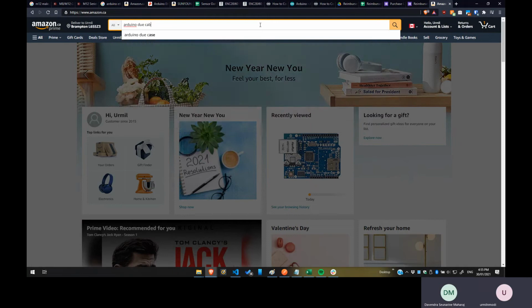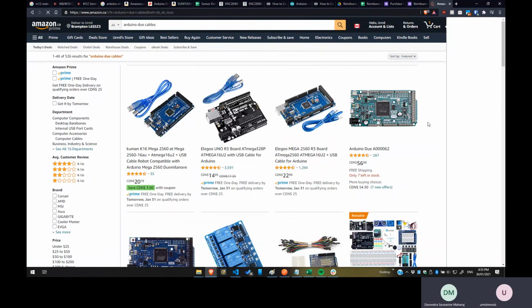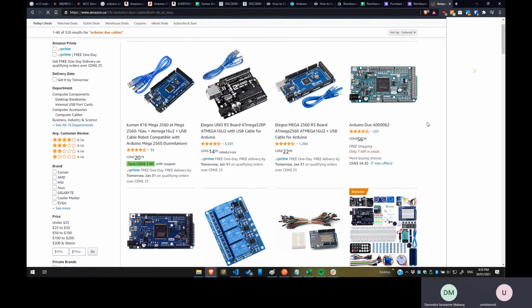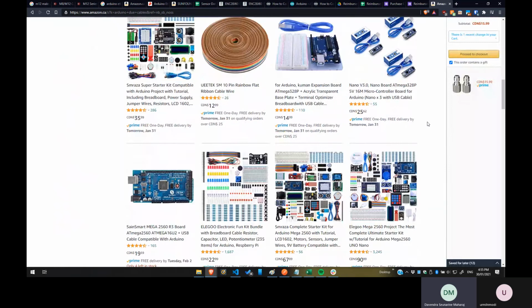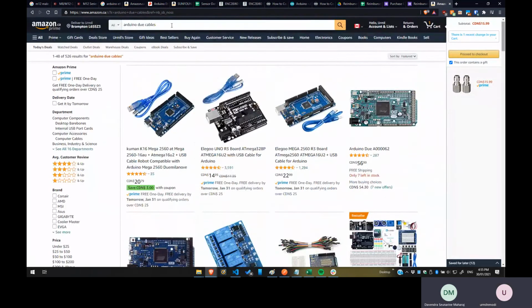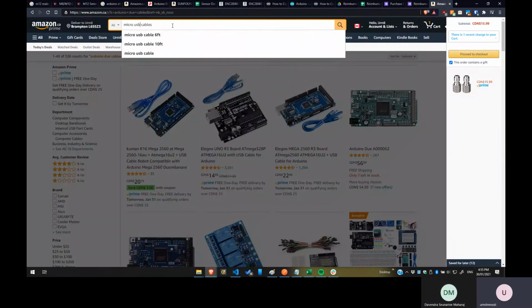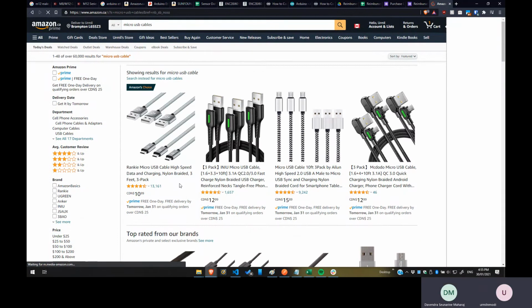Arduino Due cables. By the way, for your Mega, I didn't need any cables because my Mega came with it. I know. I got that, but the ones that Matt gave me, I had to dig around in my apartment for a micro USB. Yeah. My only issue with ordering this is we need to make sure the micro USB supports data.